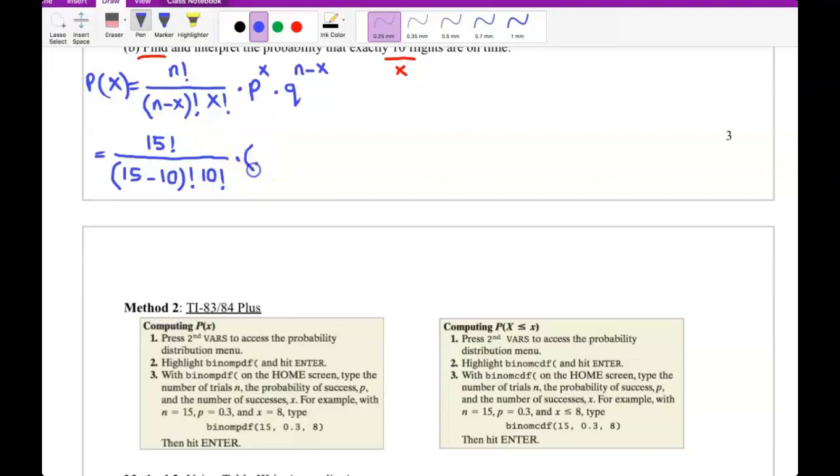Now p is 80% to the power x, which is 10, multiplied by q, the probability of failure, 20% to the power 15 minus 10. Okay, now finding the answer for this part. Let me write that. So we have 15 factorial divided by 5 factorial times 10 factorial.